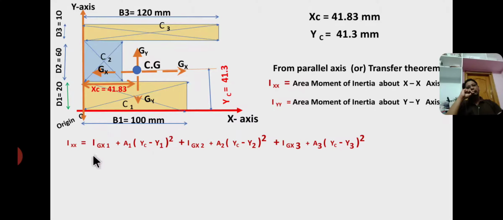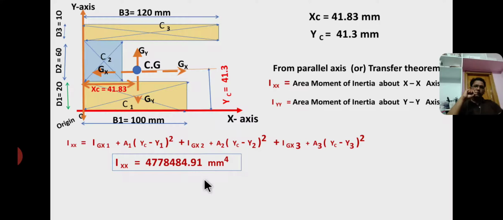This is for section 1, from here to here for section 2, from here to here for section 3. Okay, from the tabular form on the previous slide, Igx1 plus area 1 (yc minus y1) whole squared, Igx2 plus area 2 (yc minus y2) whole squared, Igx3 plus area 3 (yc minus y3) whole squared, and substitute all values in this equation. We will get the value of Ixx, that is the area moment of inertia about xx, equal to 4778484.991 mm power 4. The unit for inertia is mm power 4, or meter power 4.